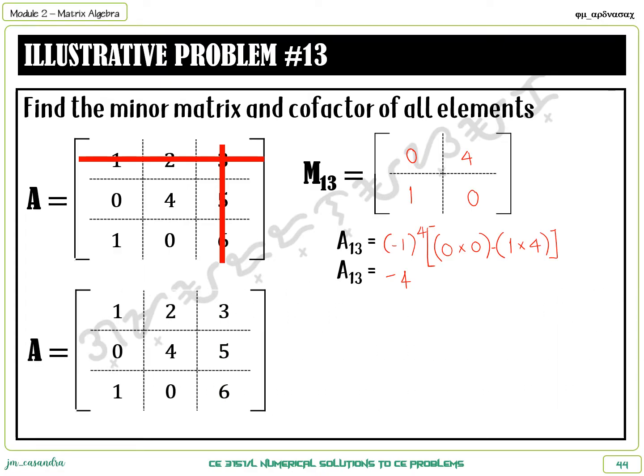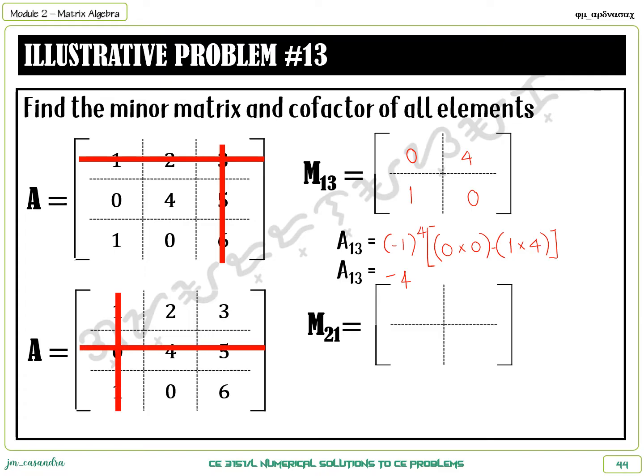So the next element we will move to is on the second row. So we'll have M21, removing row 2 and column 1. So our minor matrix will now be 2, 3, 0, 6.